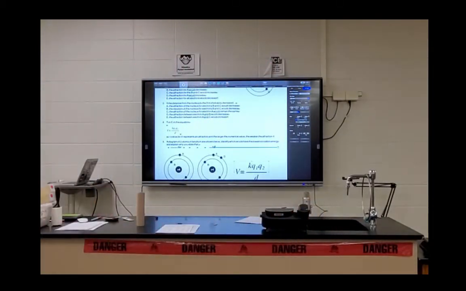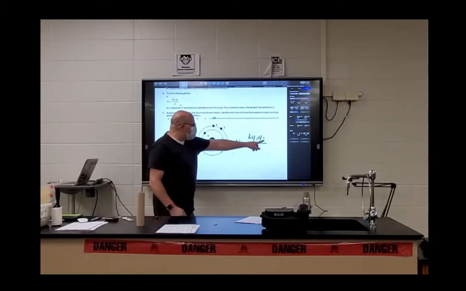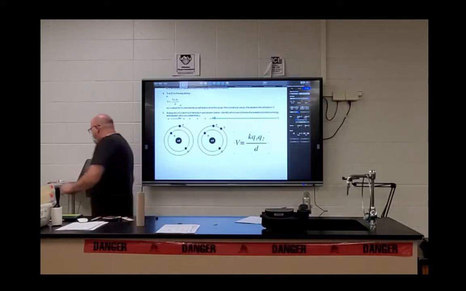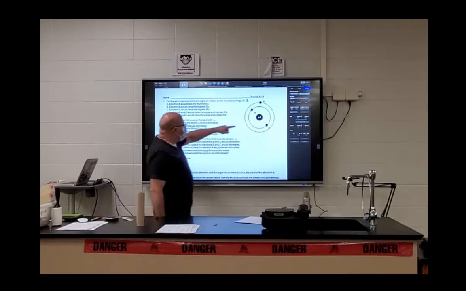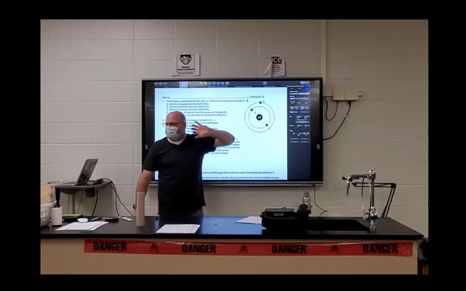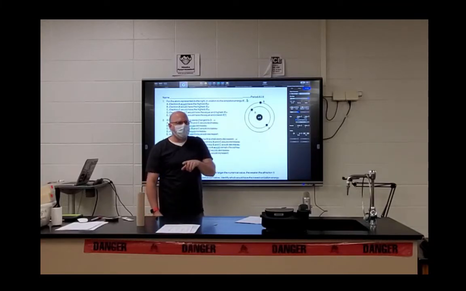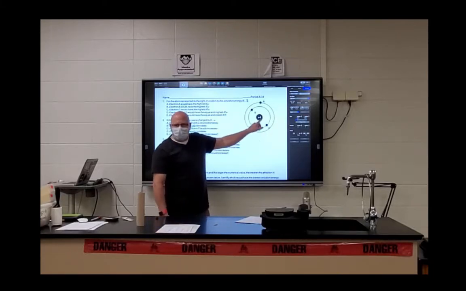Because again, we get to this equation right here, V equals K Q1 Q2 divided by D. And in that atom, the equation we would use would be V equals K times -1 times +4 over whatever that distance is. And that did not change. For B and C, they would both change the same way, right?